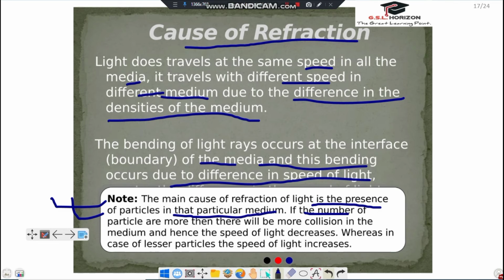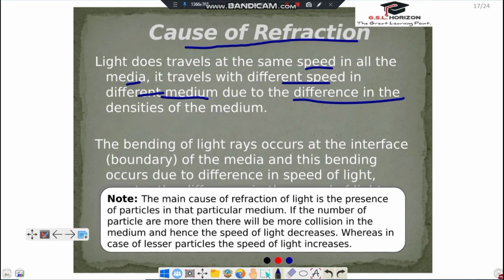If the number of particles is more, there will be more collisions in the medium and hence the speed of light decreases. Whereas in case of fewer particles, the speed of light increases. Okay friends, we can understand it.